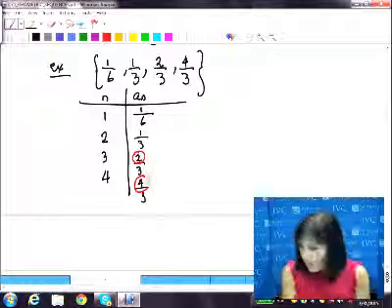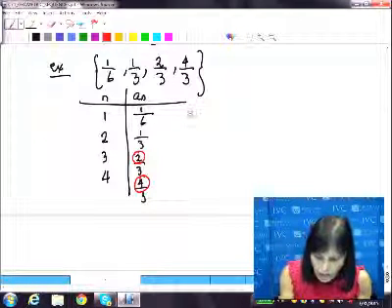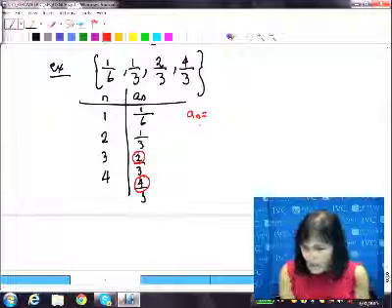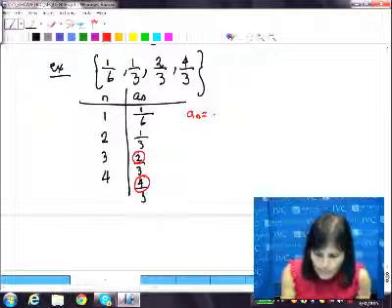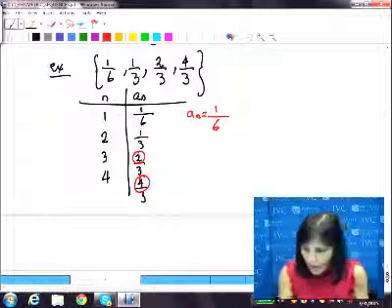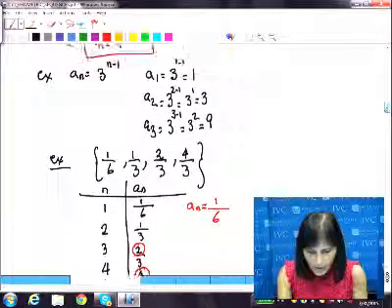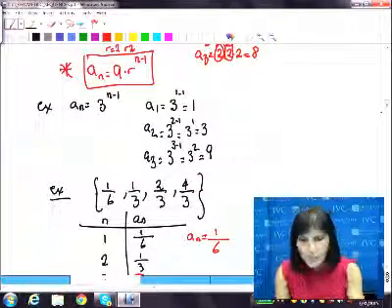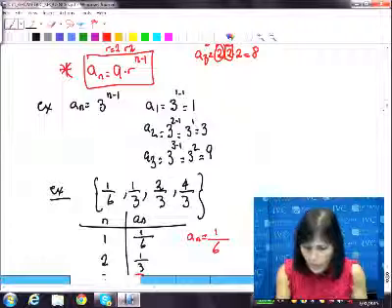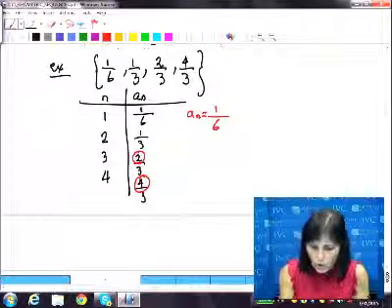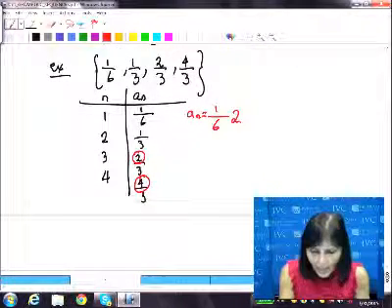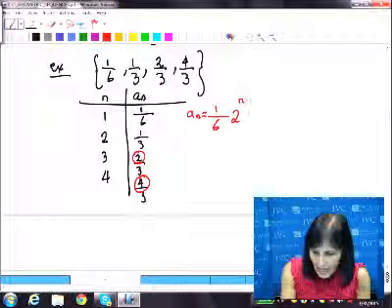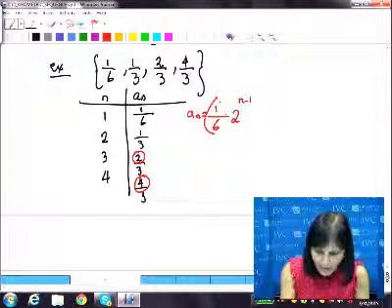Let's look at that. I can try a couple of things, but I can see the first term is 1/6. Remember how it works? The first term is supposed to be a times r. What am I multiplying it by? 2. And then you have 1 less, n minus 1.